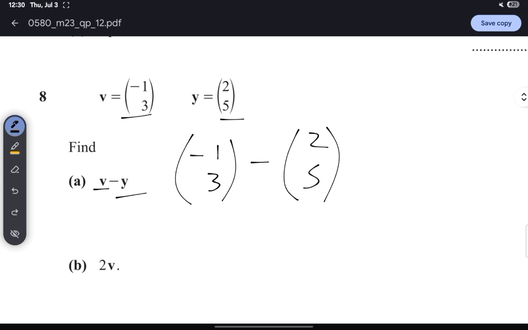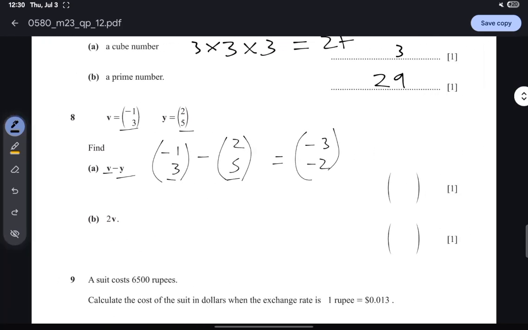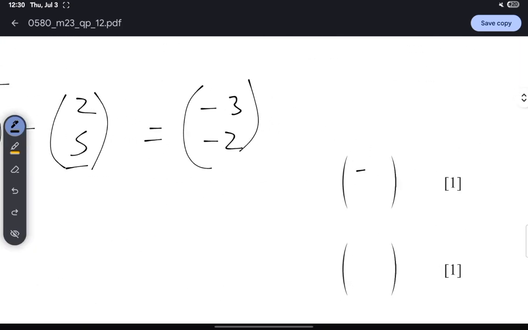So it's minus 1 minus 2, which gives me minus 3. 3 minus 5. That's a smaller number subtracting a bigger number. So we reverse it. 5 minus 3, we get 2. But because it's a smaller number subtracting a bigger number, that should give us a minus. That's how we get minus 3, minus 2.